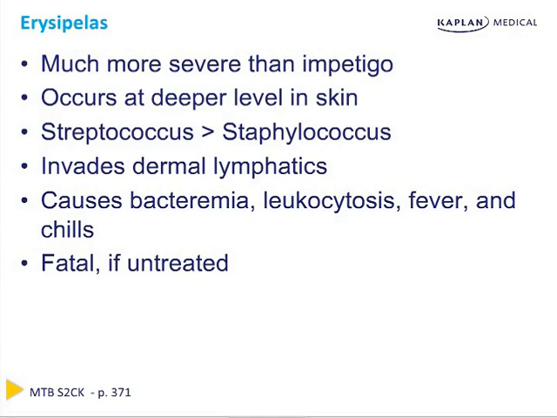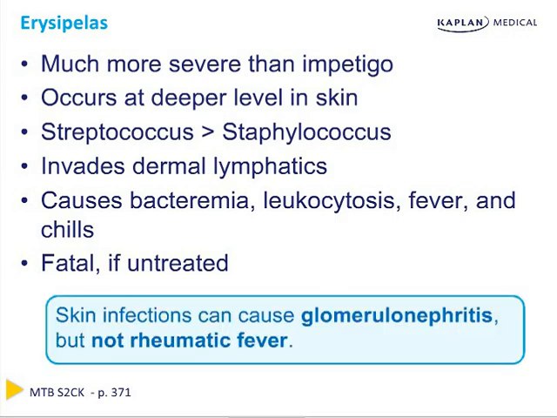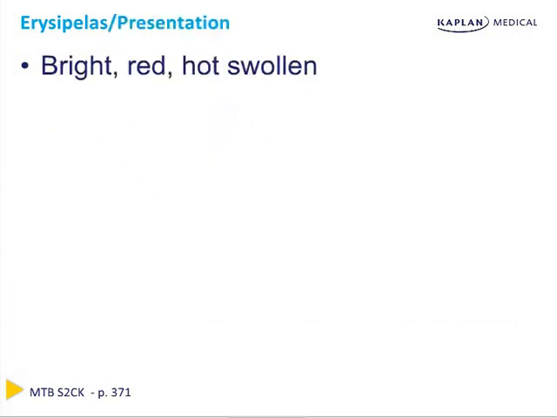Can skin infections cause glomerulonephritis? And the answer is yes. The skin infections can cause the glomerular disease, but not the rheumatic fever. Because erysipelas involves dermal lymphatics, it's very bright, red, hot, swollen, tender, warm.